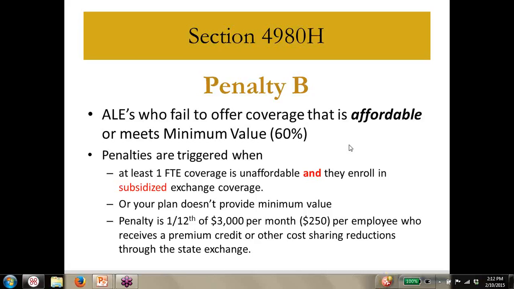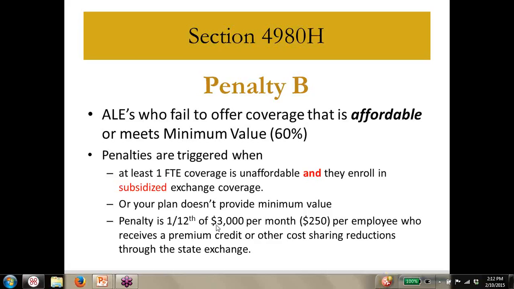And these penalties are triggered when there's one full-time employee who finds the coverage is unaffordable, and then they enroll in subsidized exchange coverage again. Or if your plan does not meet that 60%, then you will get a penalty of 1/12 of $3,000 a month per employee who received the premium credit.